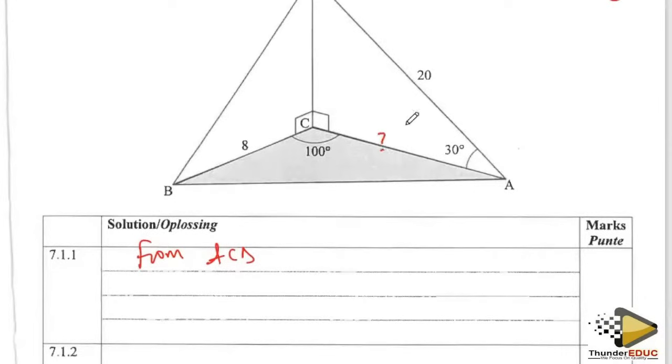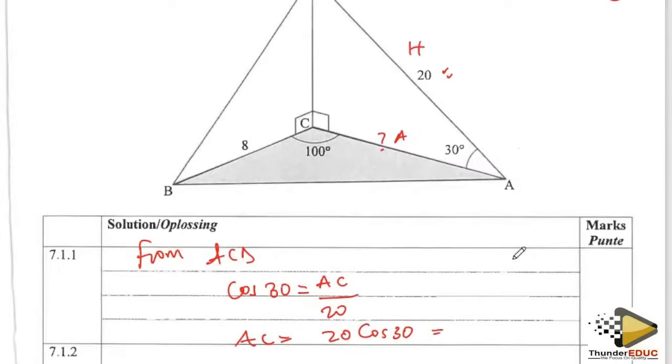It's our hypotenuse. This is our adjacent. I can use the cos. So cos of 30 must be equal to the adjacent, which is AC, over 20. When you cross multiply, that's going to be 20 cos 30, and that's going to give me 10 root 3. I can write it as 17.1.